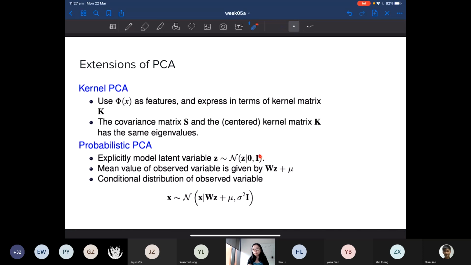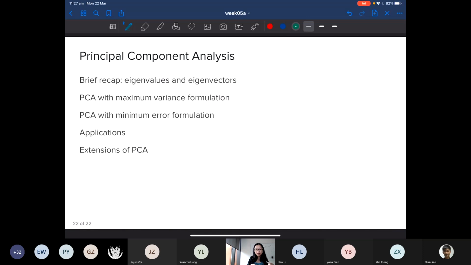We know that they are isotropic, so we can specify this in the model. Given that the original data is a linear transform of the projected data plus the mean of the original data, we just write it out like this. And this looks quite familiar as the linear Gaussian models we were looking at in regression, and we proceed from there. I'm not going to cover this.